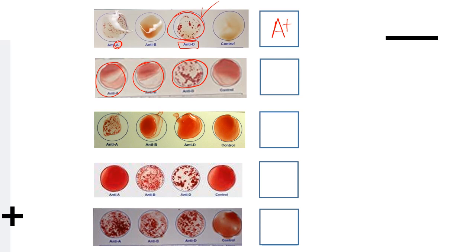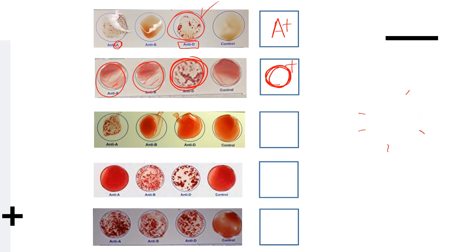That means that this person has blood type O, because if you remember from the picture, the erythrocyte, or red blood cell, of somebody who has O blood does not have any antigens in the cell membrane of the red blood cells. So that's why they do not react when they are exposed to those antibodies. Now, if you look at the anti-D, there's agglutination, so that means that the person has O positive blood.